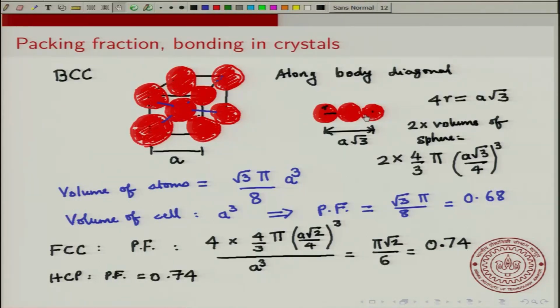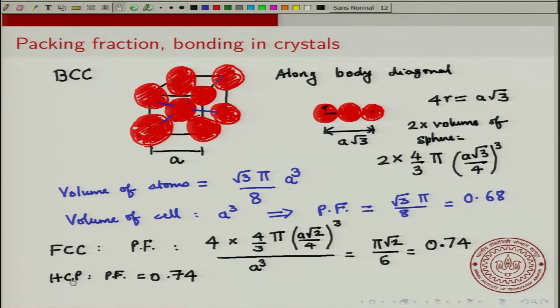As I said, this is not exactly correct. Atoms have electrons which have orbitals that can have shapes, so it is not like spheres just touching each other, because there is overlap between the orbitals of the atoms.